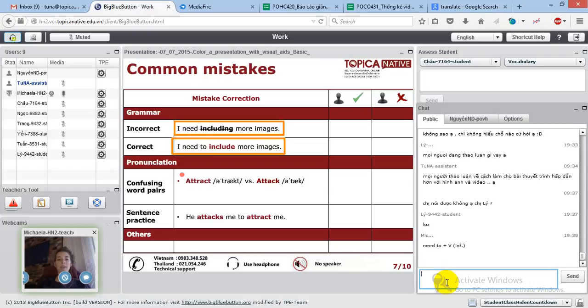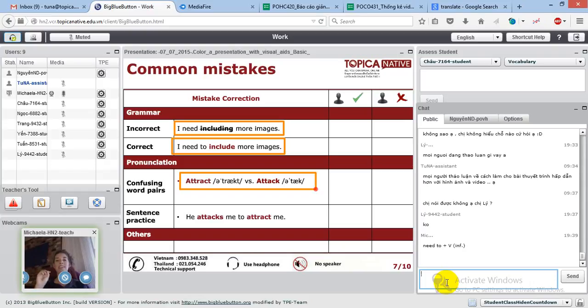And confusing pairs, attract and attack. Okay, so we're all very good at pronouncing attract tonight. Let's try to practice the difference between attract and attack. Clearly there's the R sound in attract, attack.